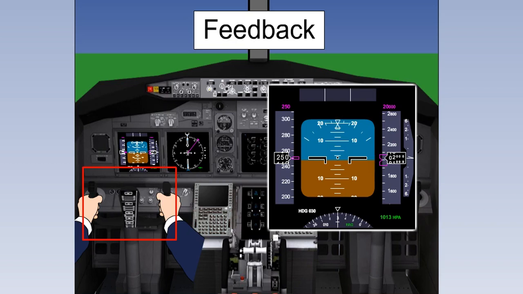This is also referred to as a closed-loop control system, as it has feedback. In this case, the feedback is aerodynamic, the aircraft letting the pilot know that it is responding to the flight control input.